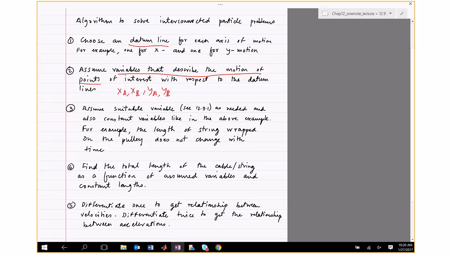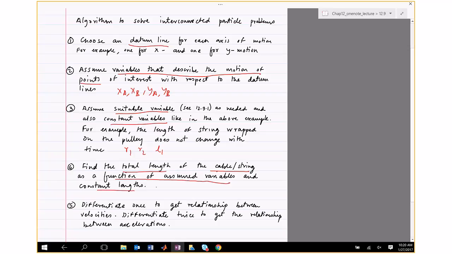Okay. Then assume suitable variables and also constants. This is like choosing R1, R2, L1, things which don't change with time. And then find the total length of the cable or string as a function of assumed variables.